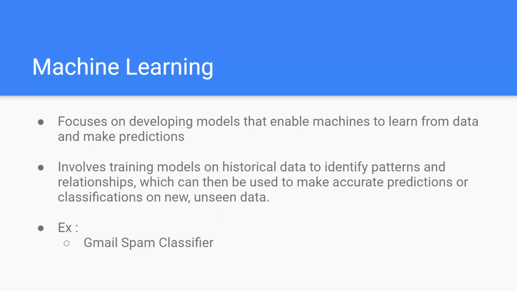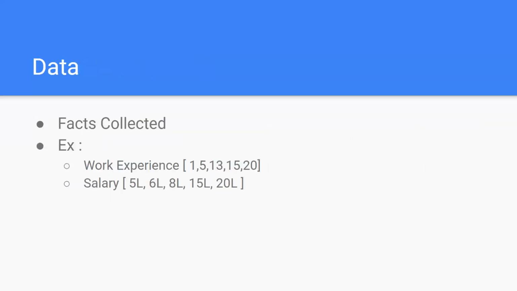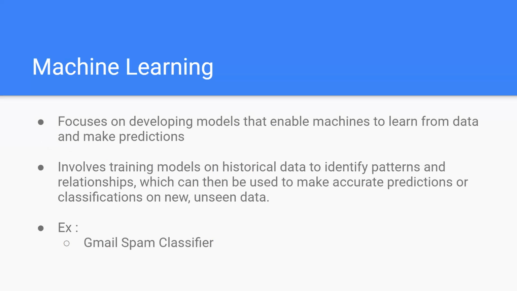If it is not a spam mail, that is a ham mail, that mail will be put in your primary inbox. It's one of the use cases where machine learning is used. Clear about ML?